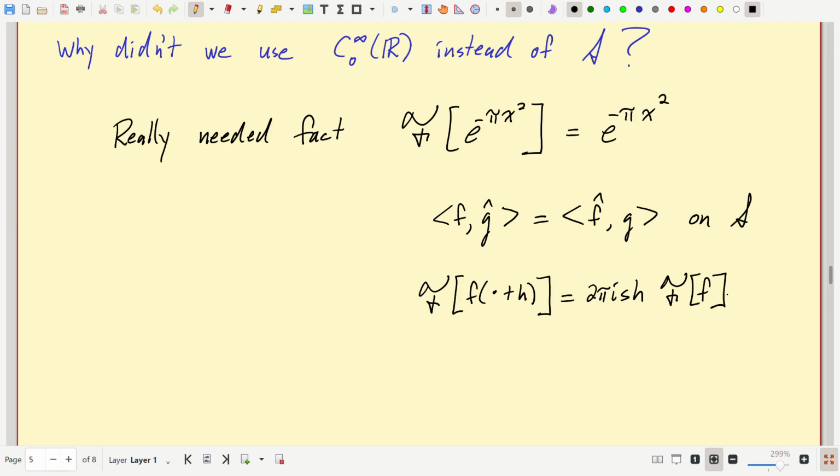Those are the three biggies. And so number one there is what we wouldn't have had if we were in the compactly supported case. That's kind of a Heisenberg uncertainty thing. You need to get out of C0 infinity if you're going to understand this thing properly.